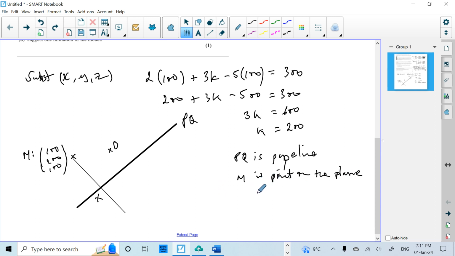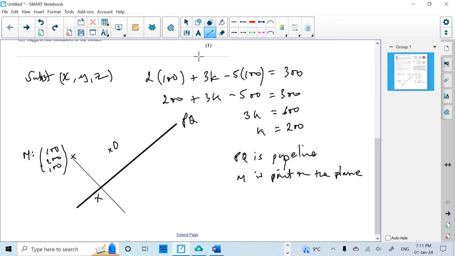So we need to find where the perpendicular meets the pipeline, and its distance. So we need the coordinates and the distance of the perpendicular, and of course the control center is O. So we really need this vector, MX.